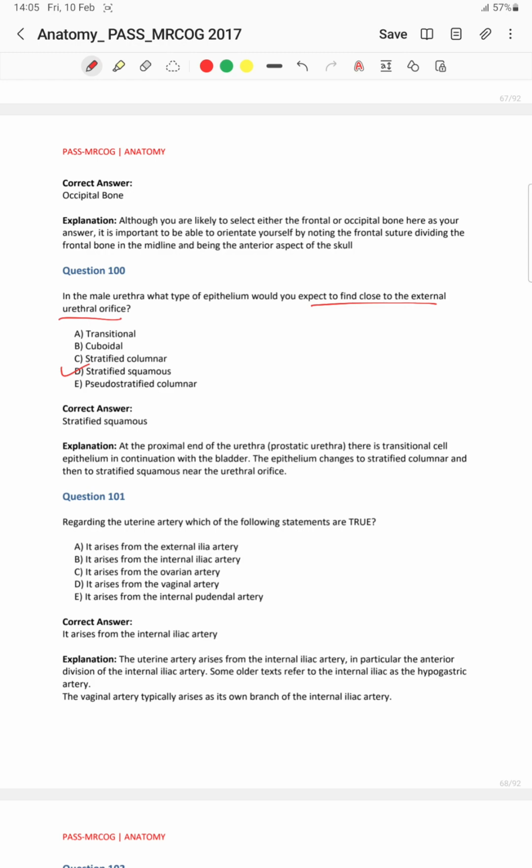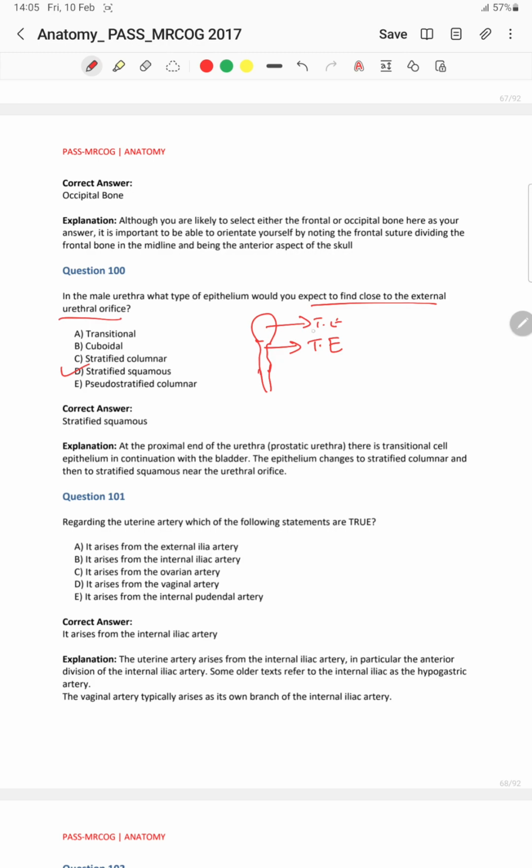The epithelium then changes to stratified columnar, and then to stratified squamous near the urethral orifice. Here we see the bladder has a transitional epithelium, and the proximal urethra again has transitional epithelium.